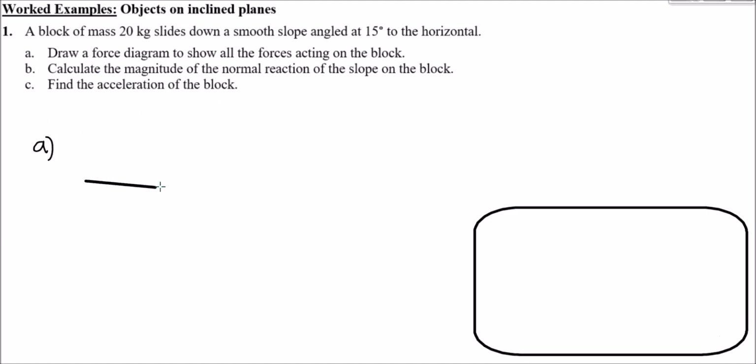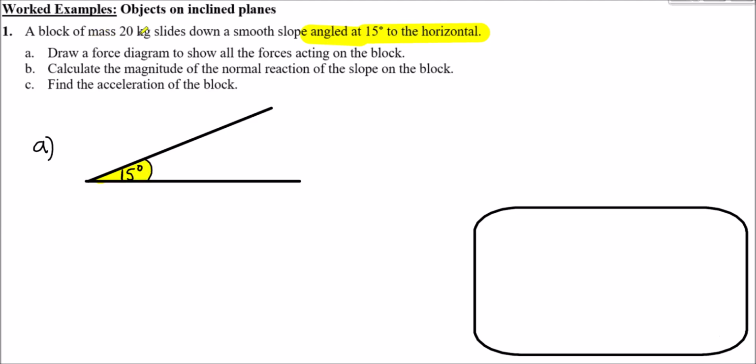Fairly standard. So draw horizontal. This is angled at 15 degrees to the horizontal, so I'm just going to draw this in like so. This angle is 15 degrees. So that's where this 15 comes from.